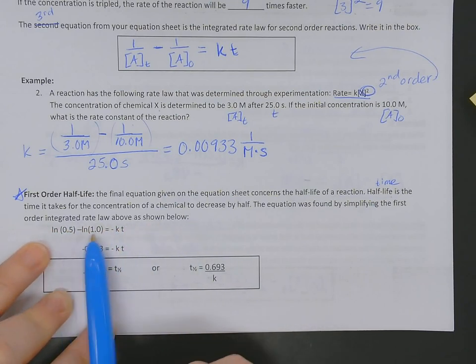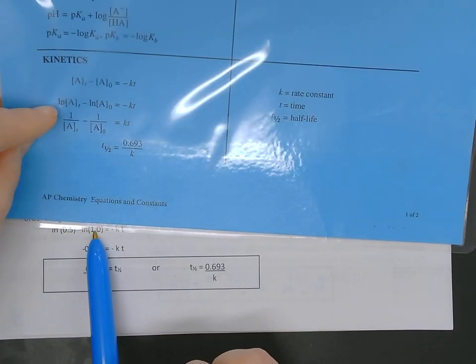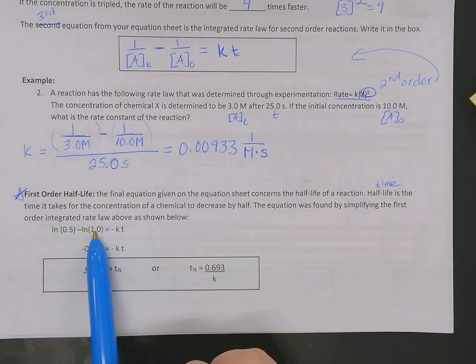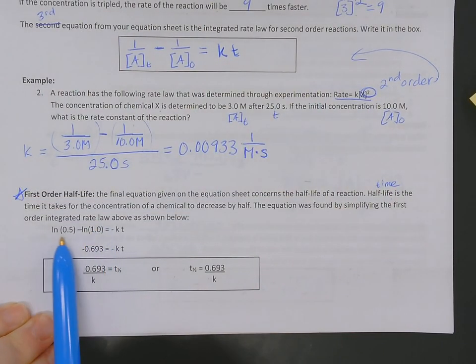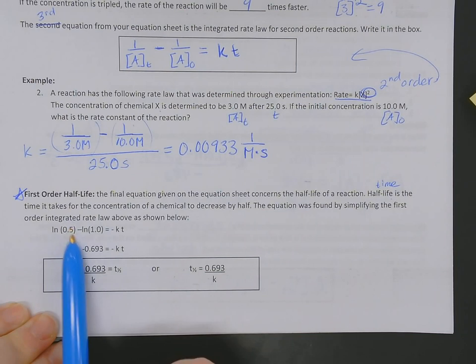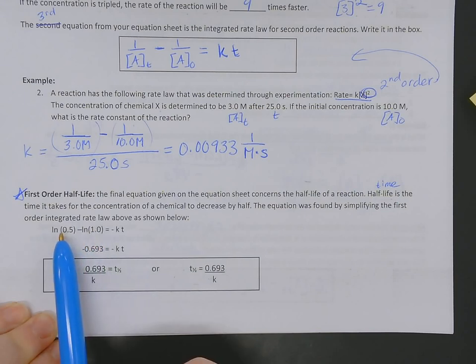So if we had that natural log equation, the same first order one on that list, and I put in the initial concentration as 1, and the final concentration is half of that, 0.5, it simplifies to negative 0.693, always. And that would equal negative KT. So if I put in 2 and 1, or I put in 17 and what is half of 17?